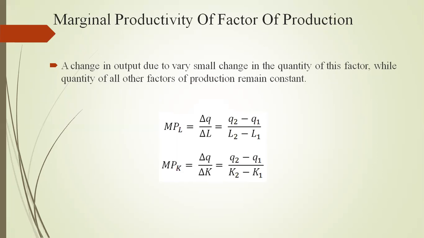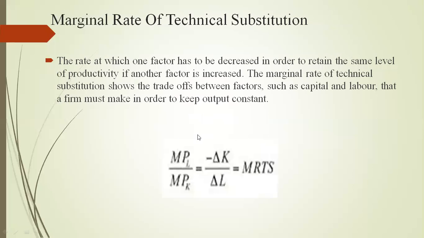So it will be delta Q over delta K, Q2 minus Q1 over K2 minus K1. So you can see here, when we make a small change in labor or capital, some change will come in the quantity produced. So the ratio of change in quantity over change in labor or capital will be called the marginal productivity of a factor of production.